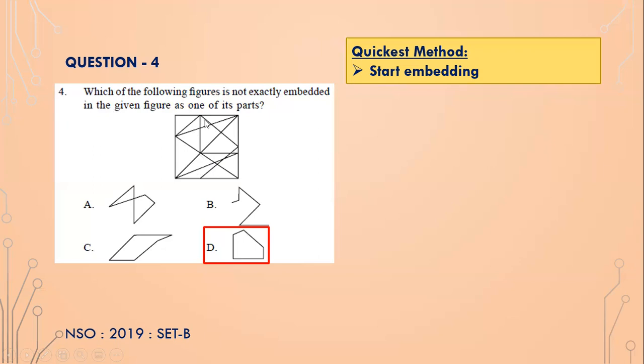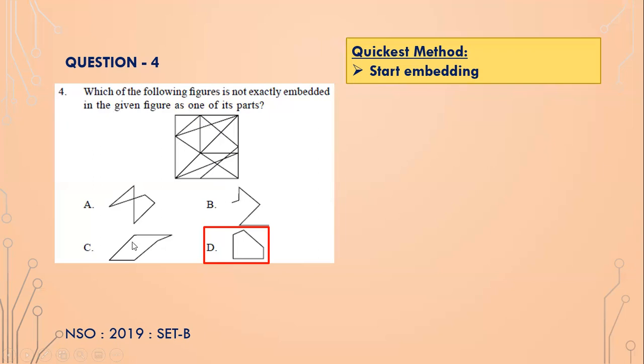The Z part is this one. So this will become here, the slight vertical, this portion, and this portion. So that's how this is embedded.